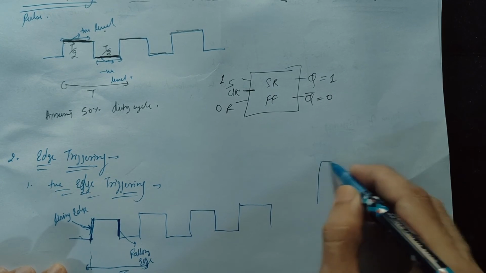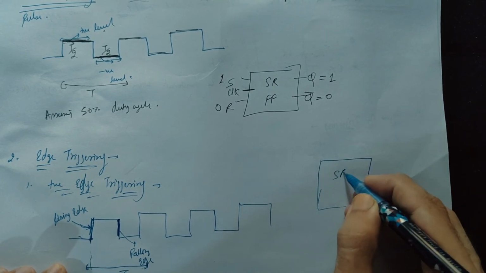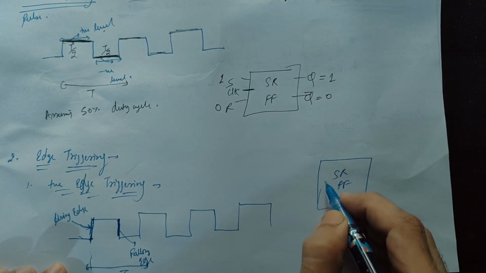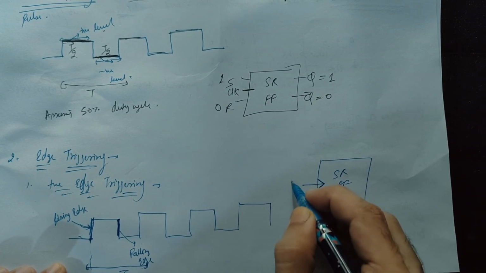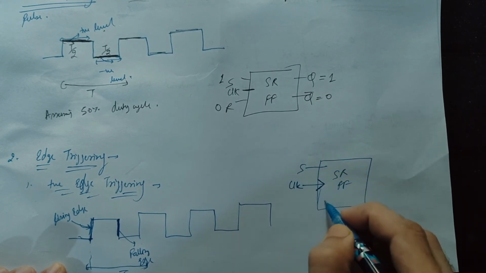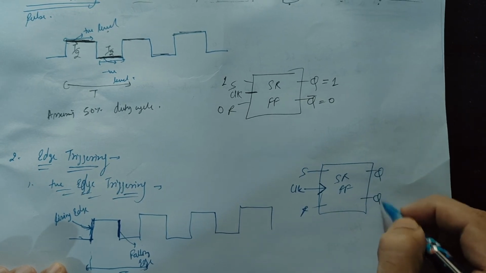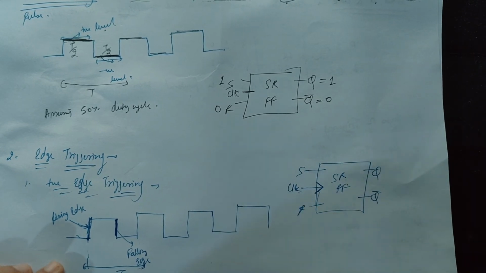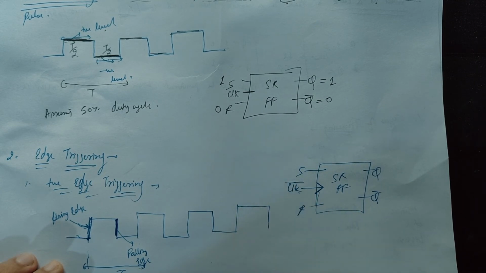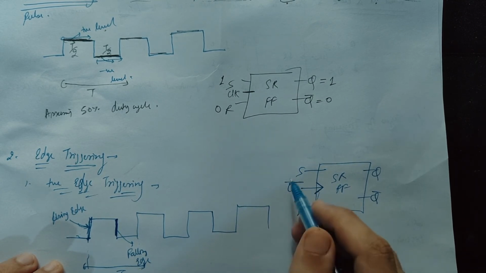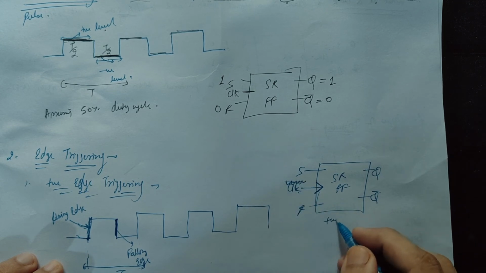So how can I represent it? Suppose I have an SR flip-flop, then the representation of edge triggering is that I have a triangle here, and the clock would be here, and Q bar. So this is positive edge triggering. But if I put a bar here, this would be negative edge triggering.